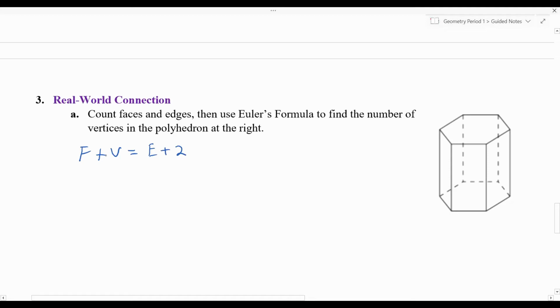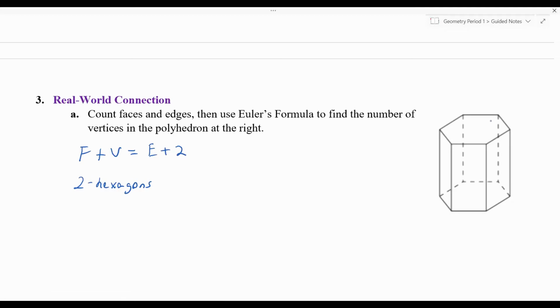Now we need to count the number of faces. So let's take a look at the figure. We have 2 hexagons, right? So let's write that. We have 2 hexagons. And we have 6 rectangles, right? Because if the top has 6 sides, then the faces on the sides have to match the number of sides, right?